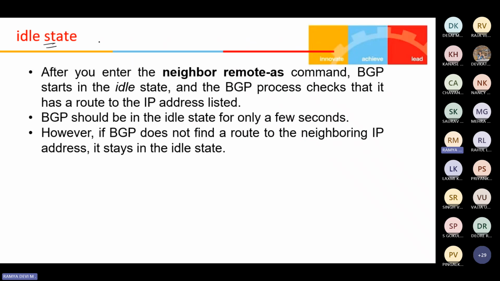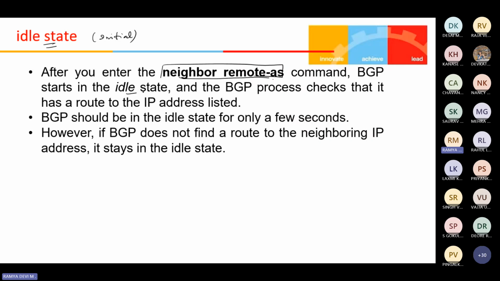Already I've told you the initial state is the idle state. Once you enter the command neighbor remote-as, which is actually the command, BGP will immediately start in the idle state.